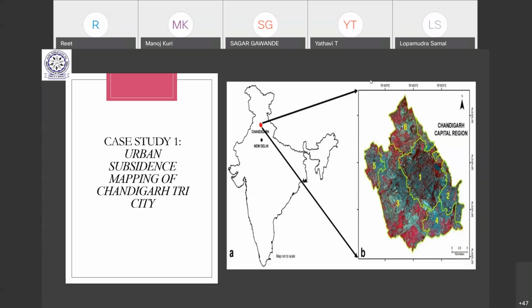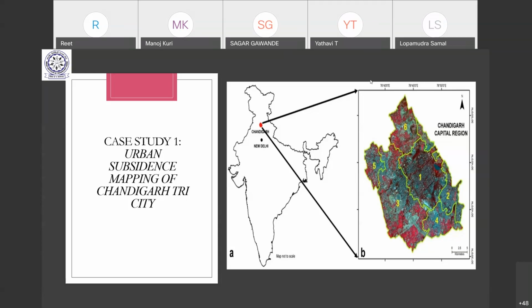Thank you. So case study 1 is the urban subsidence mapping of the Chandigarh Tri-City area. The Chandigarh Tri-City area is one of the most developed regions of the country. We can say it is one of the most planned cities, but even whatever planning we do, we never plan for the groundwater.